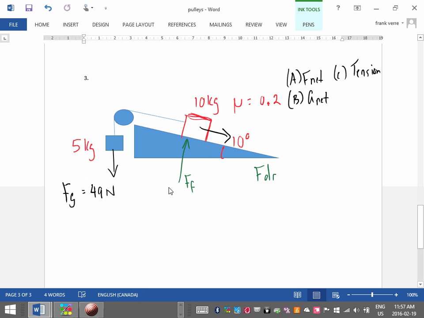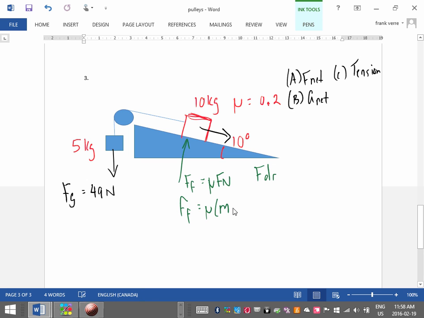Now, do you think the force of friction is going to be the same? It's not, because the ramp is on an angle. And if you remember, the force of friction is defined as mu times the normal force. But the normal force in this case is not equivalent to the weight.